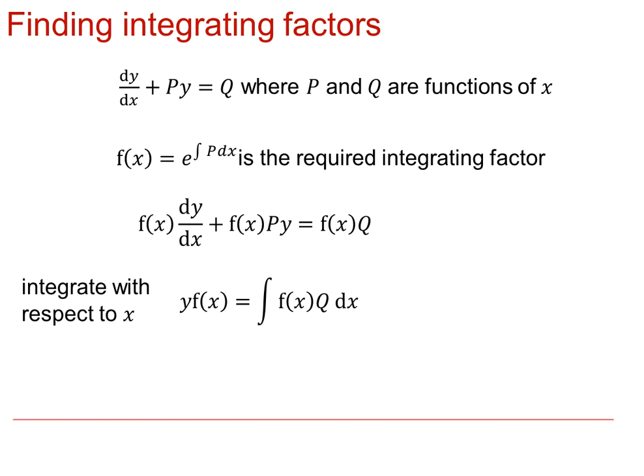So multiplying through by f of x gives us f of x dy by dx plus f of x py equals f of x q. And the left-hand side is the perfect derivative of y f of x. Thus integrating with respect to x gives us y f of x equals the integral f of x q of x dx.